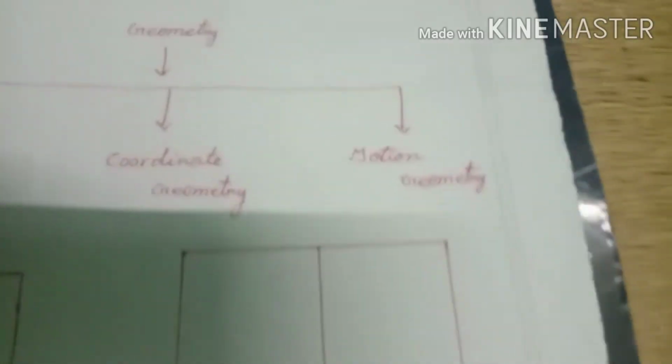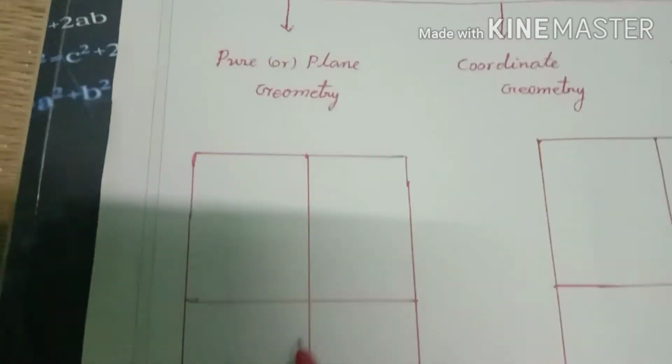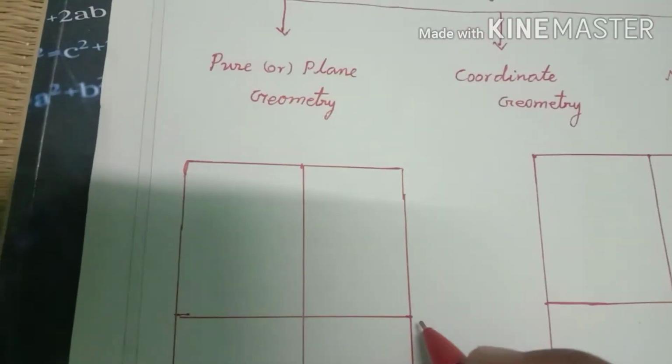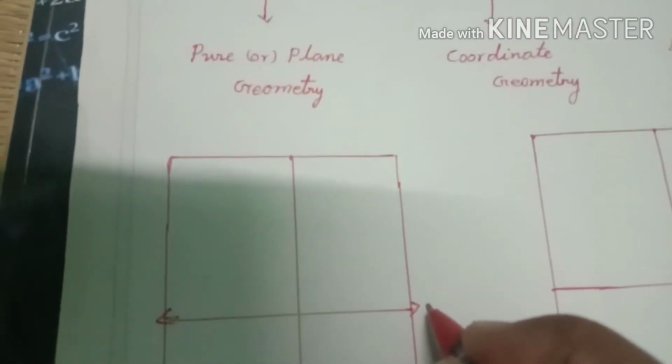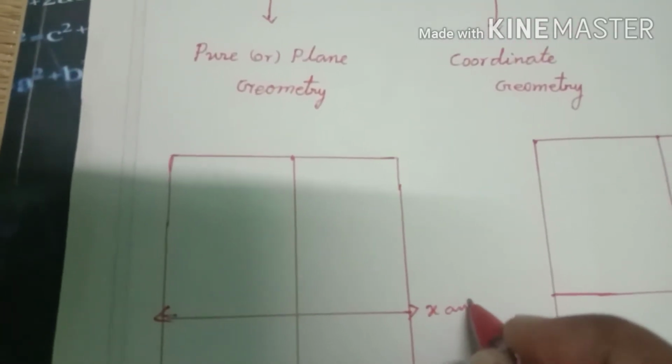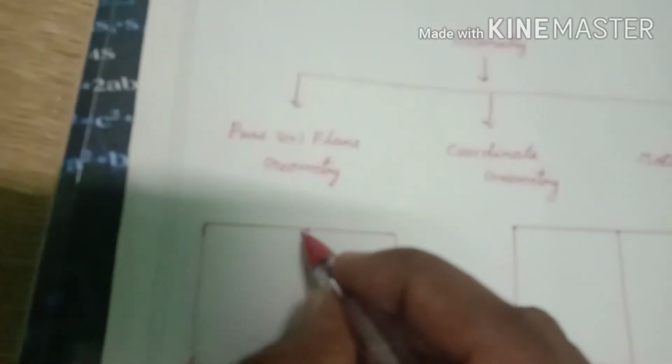Now some of the basic concepts related to the topic. We take a plane surface and consider two lines: first of all the horizontal line and the vertical line. The horizontal line is considered the x-axis, and the vertical line is considered the y-axis.